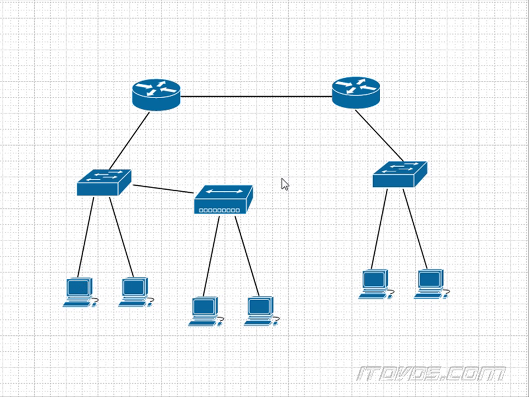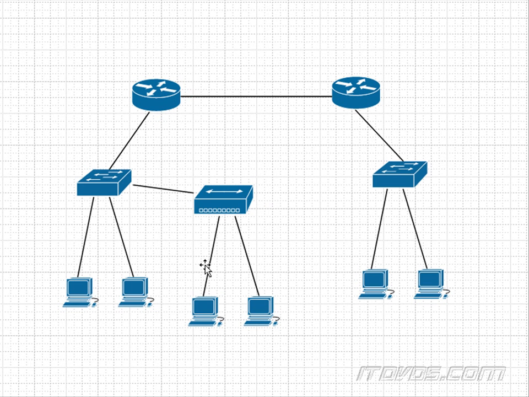But it's not going to reach this host or this host because this router is breaking up the broadcast domain. And if this host sends out a broadcast, then only this host is going to get it. It's going to be stopped here at this router. This router is going to drop the broadcast. It's not going to forward it on.